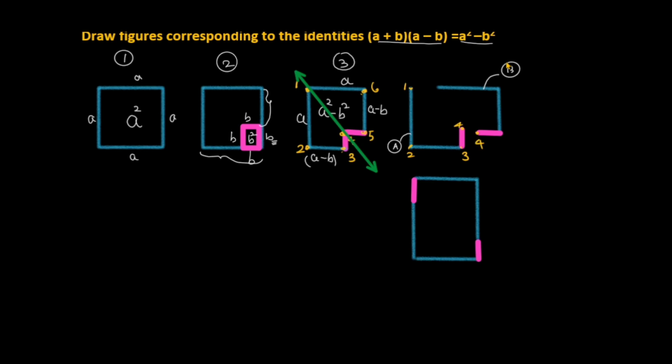Again, in figure B this is vertex 4, vertex 5, 6, and 1.